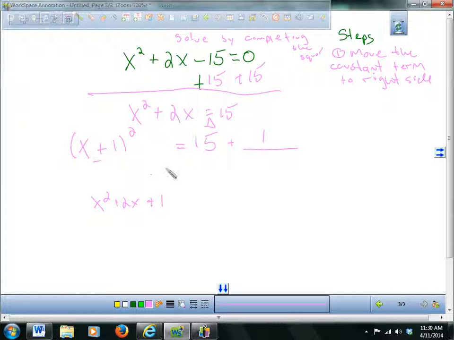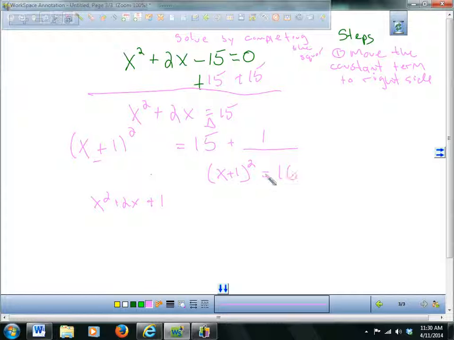You see? So my scale is going to go down. This side's going to be heavier than that side. So to keep my scale in balance, I have to add a 1 over on this side. Follow that? We'll get more practice, okay? And so what I've added is the square of this to this side. Now I'm going to do this. X plus 1 squared. What's 15 plus 1?